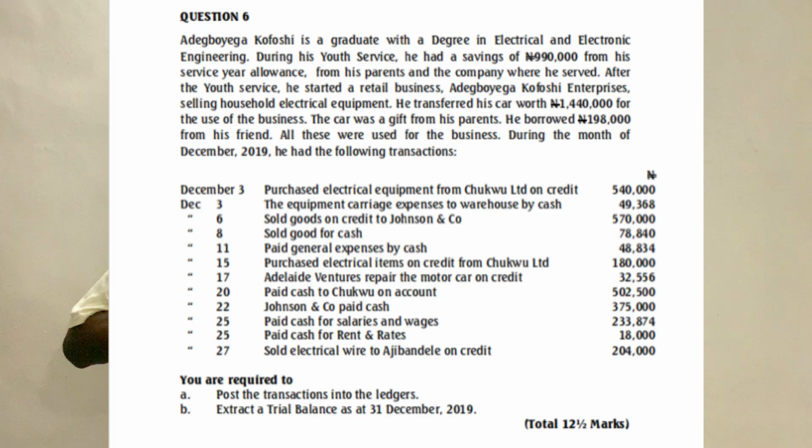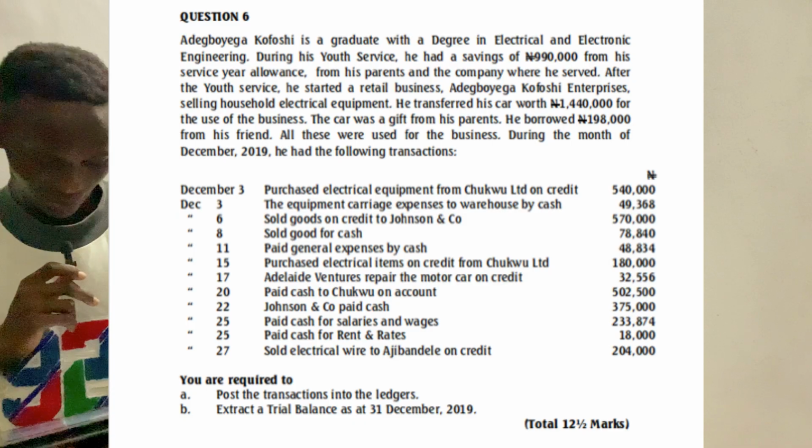He transferred his car worth 1,440,000 for the use of the business. The car was a gift from his parents. He borrowed 198,000 naira from his friend. All these were used for the business.